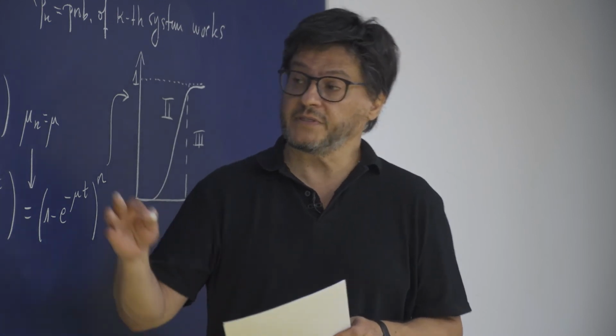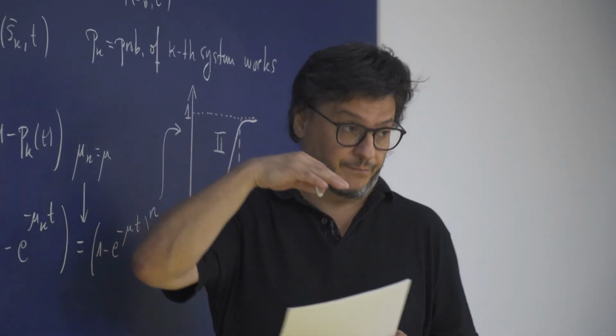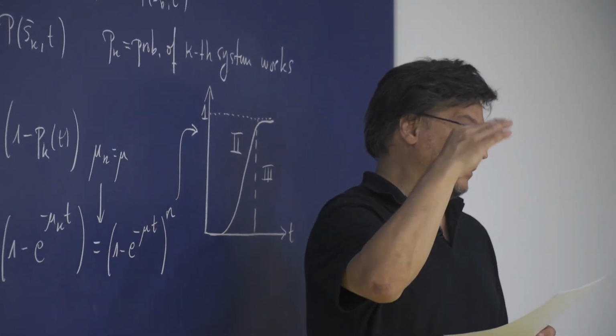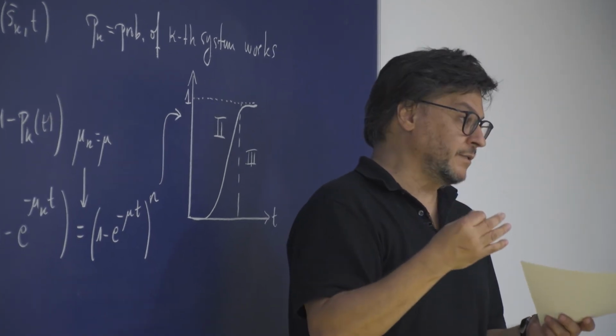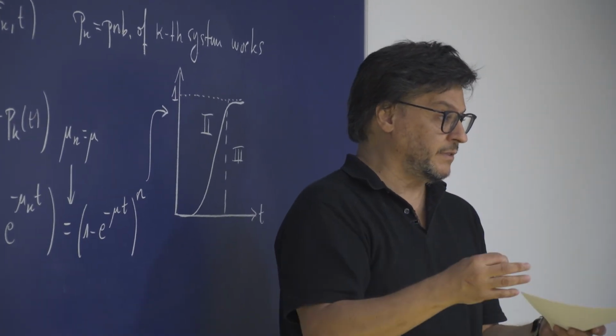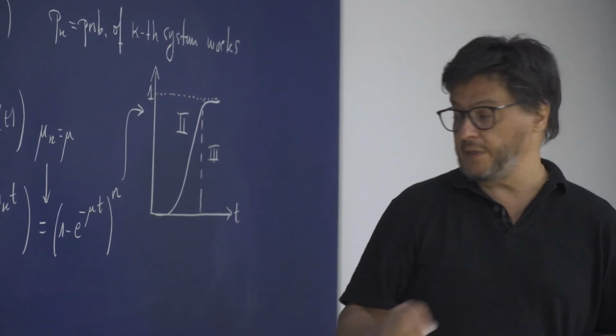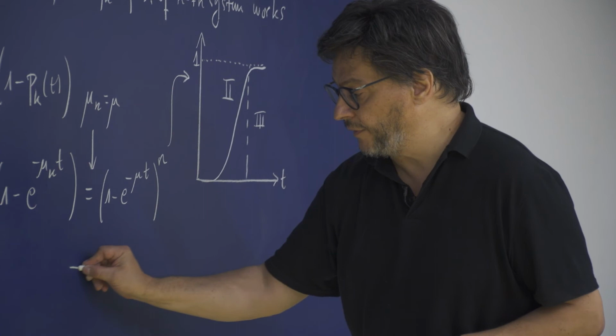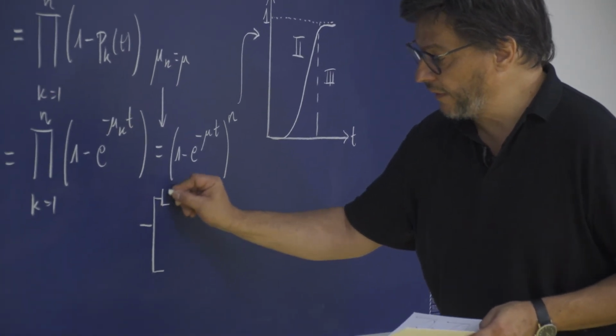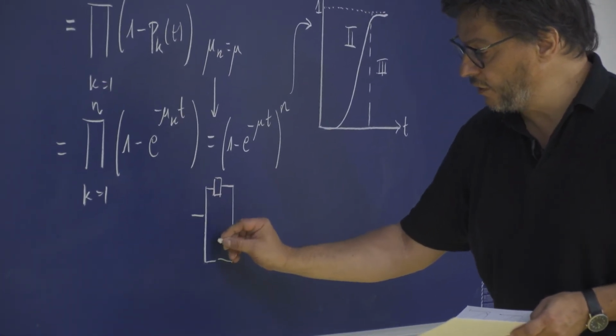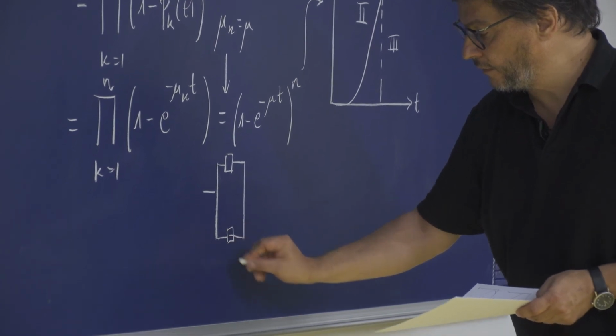And every single organ is made of a parallel arrangement of systems. You can think in cells, or in subsystems within cells or tissues. But the right picture under this approximation is the following. And I want you to think about what would be the mathematical result for this.